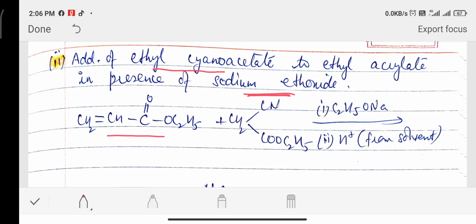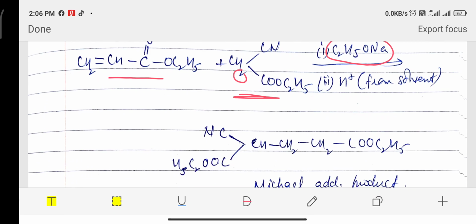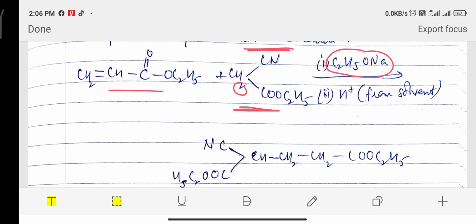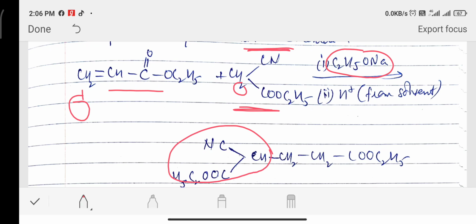When it combines with this ethyl cyanoacetate, in the presence of sodium ethoxide it abstracts the proton from this, and then a carbanion is formed, and that carbanion gets attached to this carbon, and the H is attached to this carbon, and then it changes further into the keto form, so we get this as a final product.